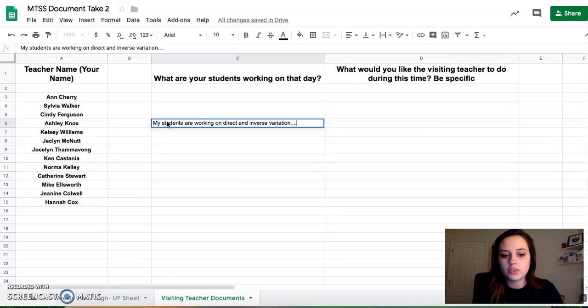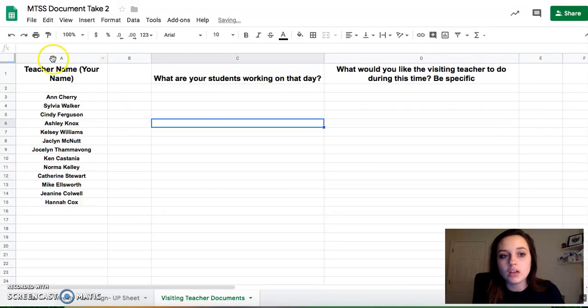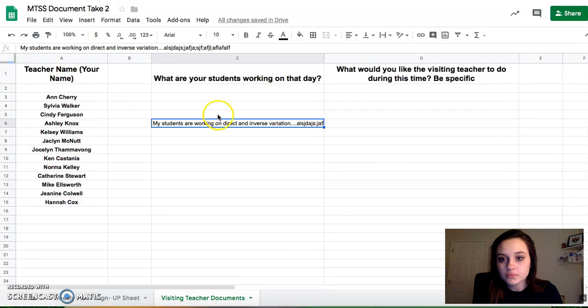I would have to say one thing that aggravates me about Google Sheets is I can keep typing and you see how it goes to the next slide. That's not a big deal. It's fixable. I will go in and wrap this eventually so you can see all of it. But I can't do that until there is actually text in that document. If you know how to do that, then please let me know. But until then, that's just what we're going to do.